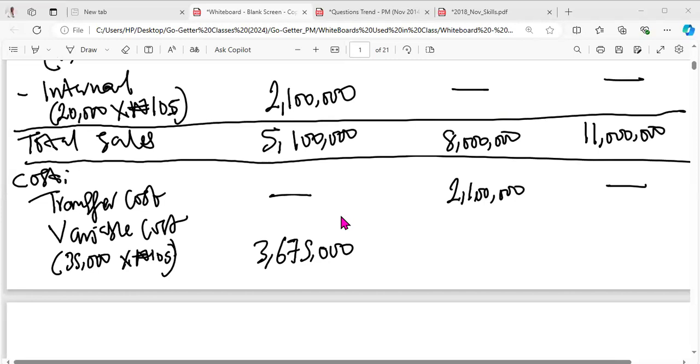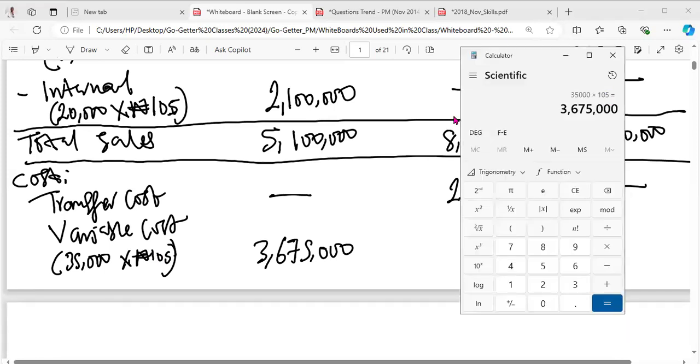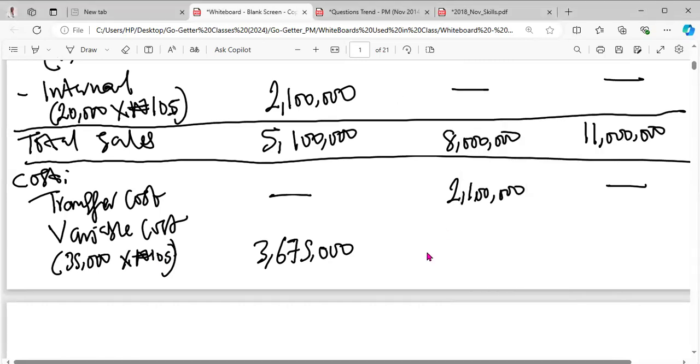All right, so variable costs for the selling division, the whole 35,000 it made is going to be produced at 105, and that gives us 3,675 from our calculation here. 35,000 times 105 is 3,675.